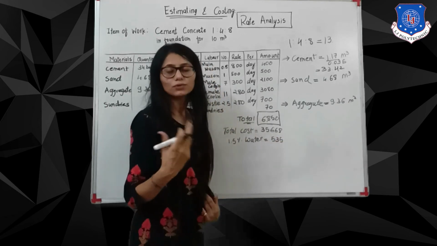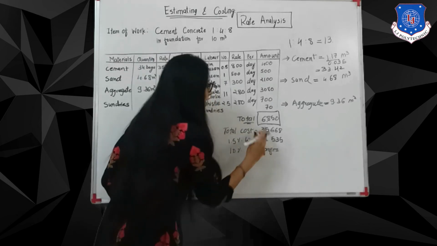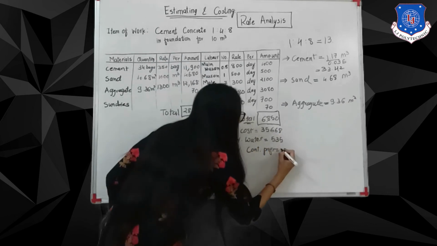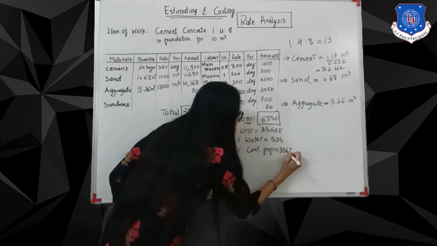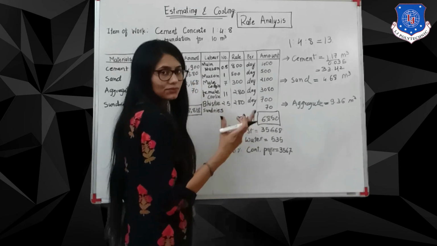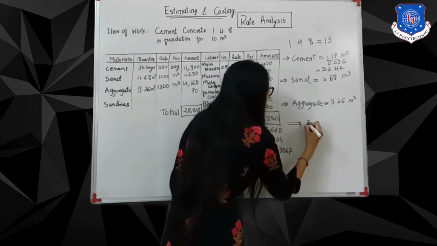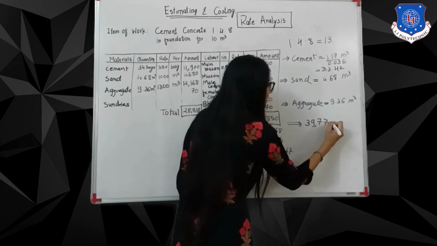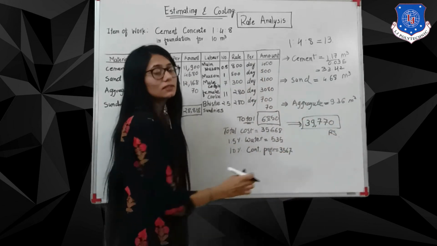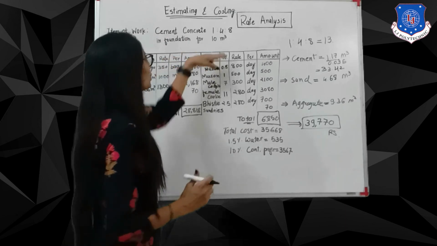Now I am adding the contractor's profit, which is 10% of 35,668 rupees. So that will be 35,067 rupees. Now we can find the total cost of cement work. The final cost is 39,770 rupees. So this will be our answer for the cement concrete work in foundation for 10 meter cube.